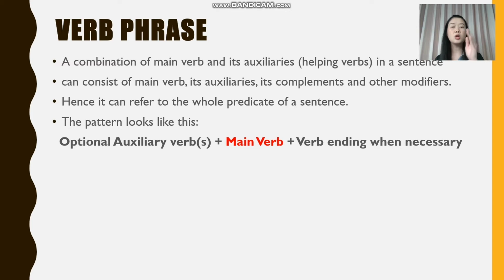You have to include that auxiliary verb as well, and then from that auxiliary until the end of the sentence, that can be the verb phrase. Very easy. Just accept the noun phrase as the subject. We don't include that in the verb phrase. Just think: here is the main verb and the auxiliary before it. That is a good start for the verb phrase.